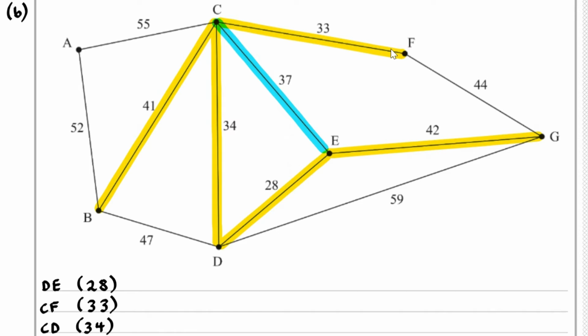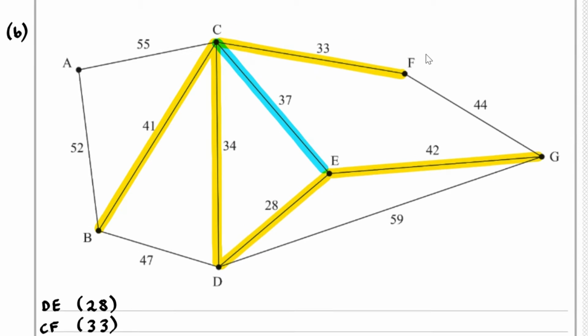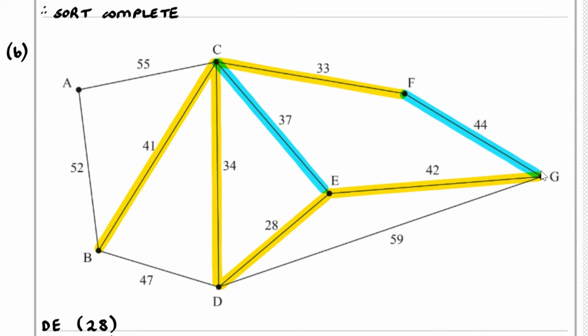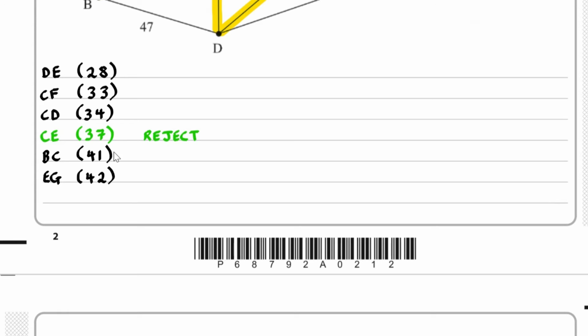Then we have 44, and that corresponds to FG. But the problem with FG is, if we use it, we would have a cycle, and therefore the FG with weight 44, we would have to reject.